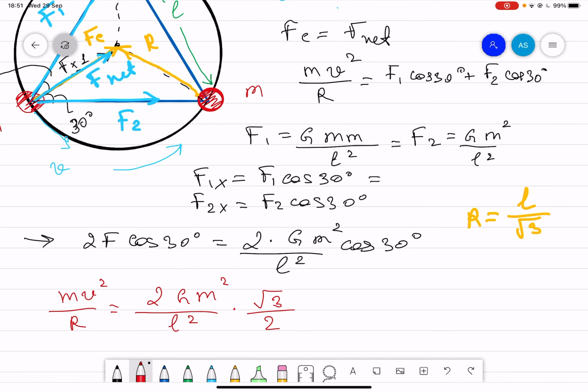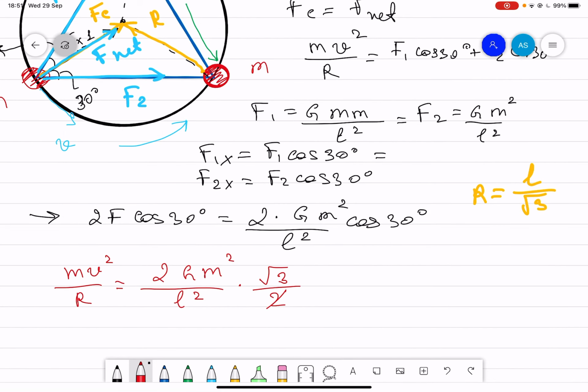divided by 2. So 2 cancels out, and we end up with G M. Let's also cancel the m. So 2 cancels, G m square root of 3 divided by L squared is equal to v squared over r.